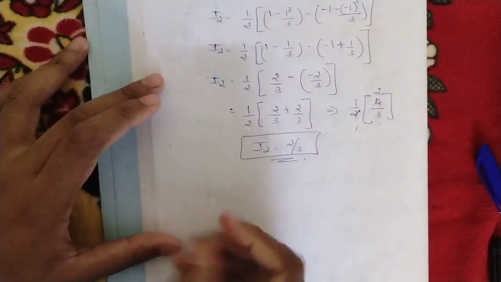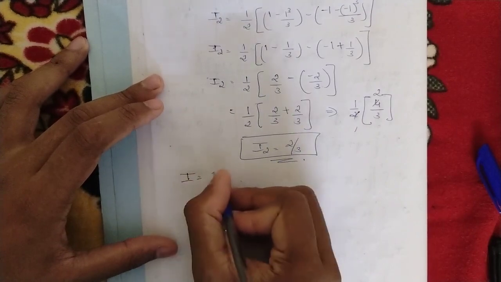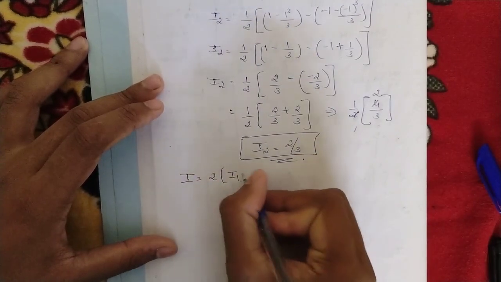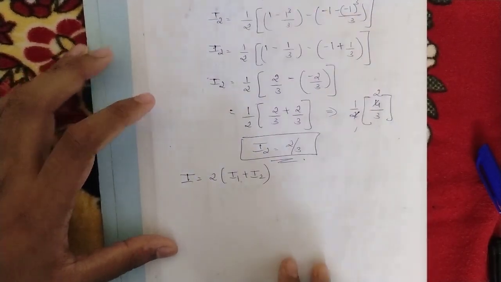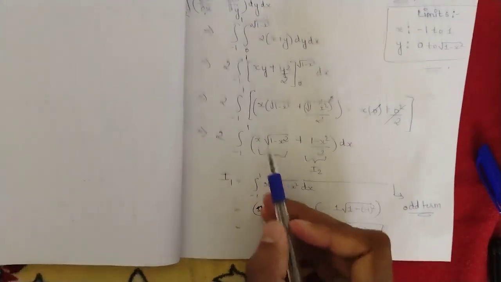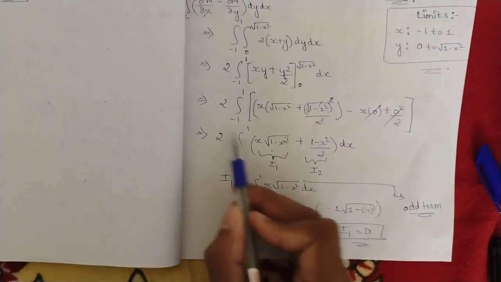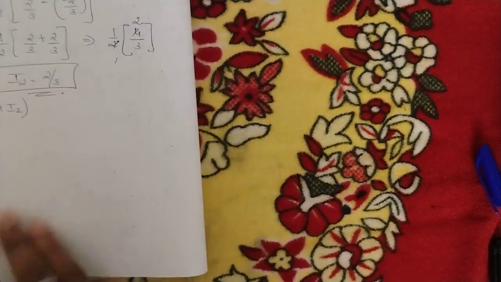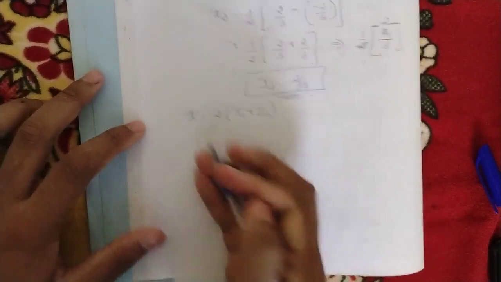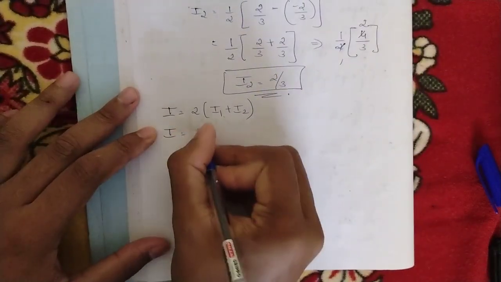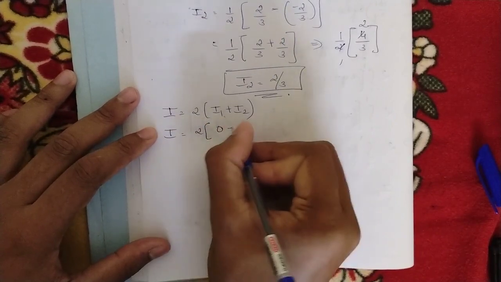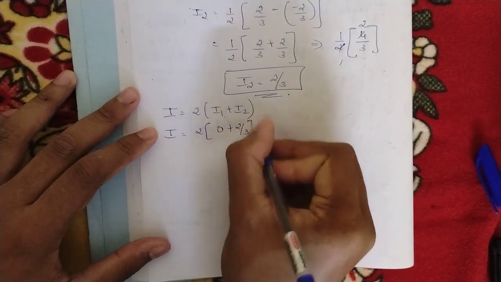Now our value of I is equal to 2 times I1 plus I2. Why 2 times? Because initially we took this as I1 and I2, but we had not considered this 2. So that I am considering here now. So I is equal to 2 times I1 is 0 and I2 is 2 by 3.